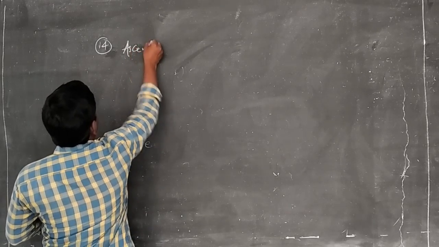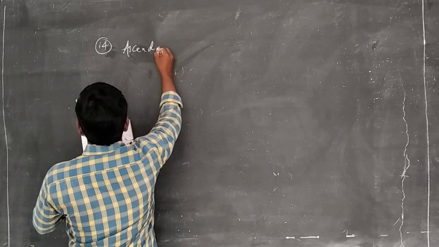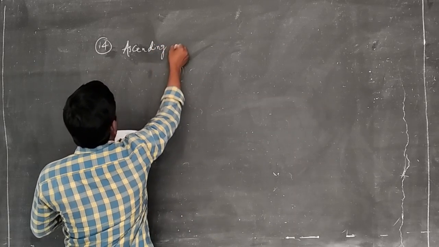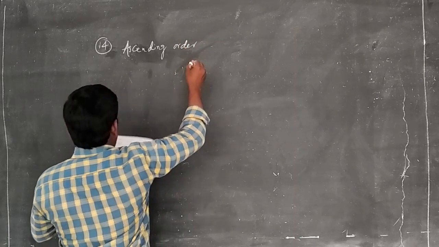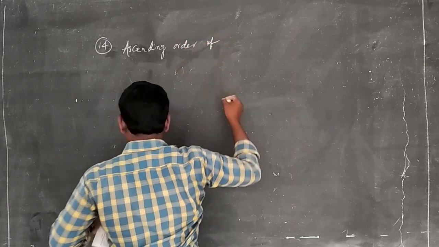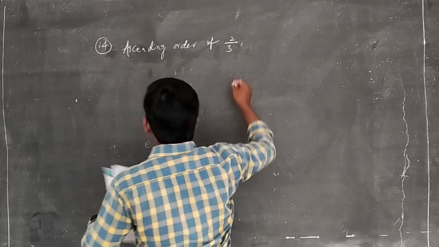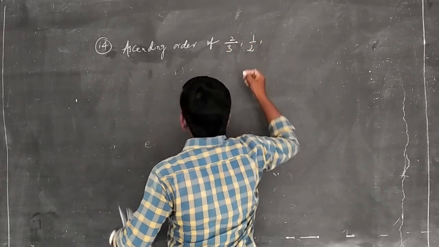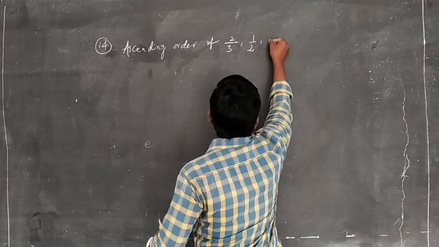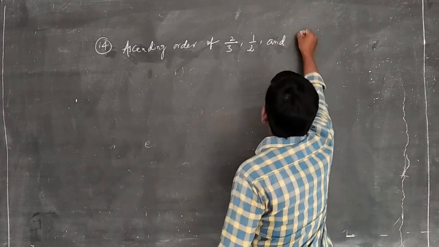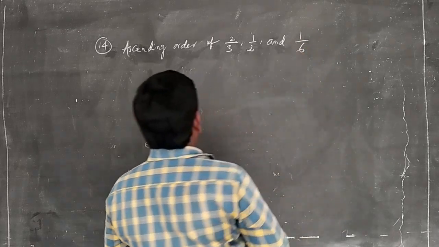Ascending order of 2 by 3, comma, 1 by 2, comma, and 1 by 6.